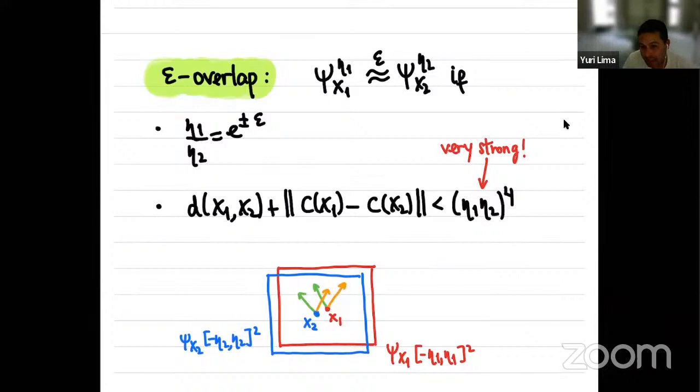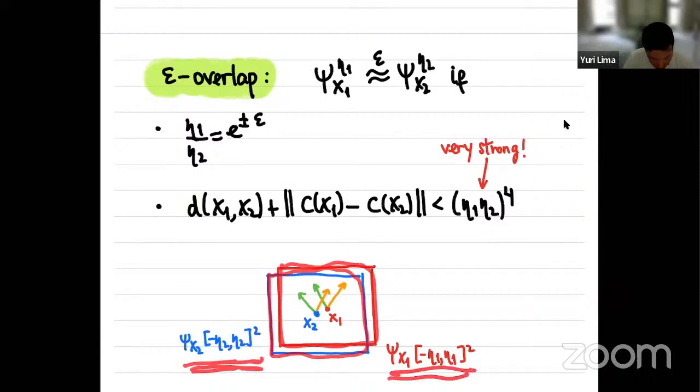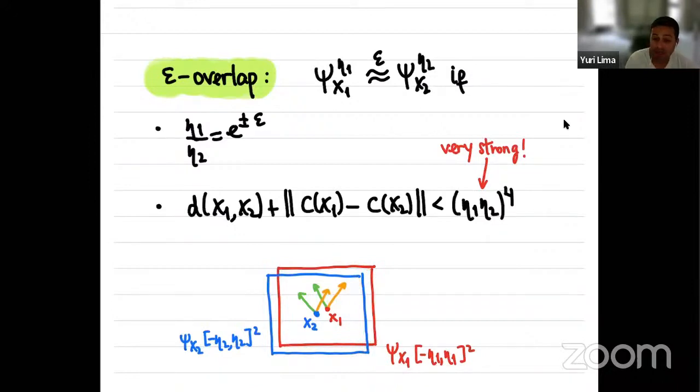And this is exactly the condition that whenever it is satisfied, we can understand a neighborhood of x1 and x2 using either this passing chart or this passing chart, because their images cover more or less the same region of the manifold, and also the distortion associated to them is almost nothing.